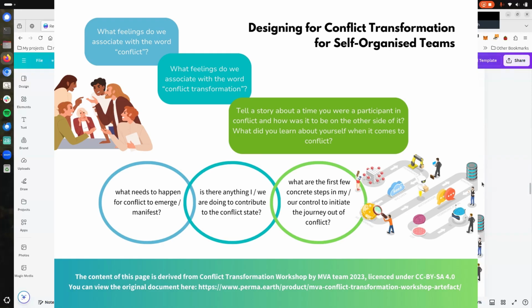Something else that's interesting is to think about the conflict before it comes up. By having people on the team trained about it and aware about it, it helps to prevent it. It also helps to transform it when it shows up, right? And here I have provided some content from the Minimum Viable Academy, who held a conflict transformation workshop for self-organized teams.